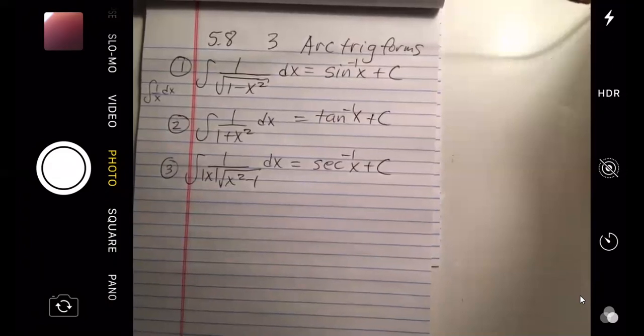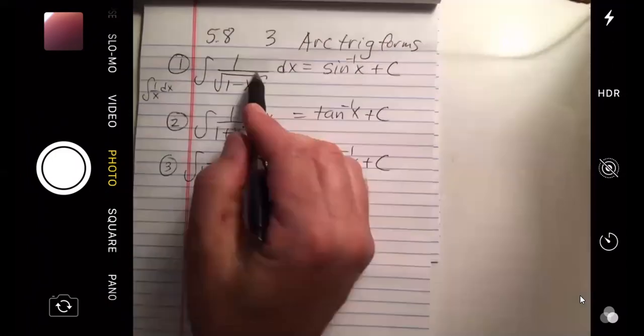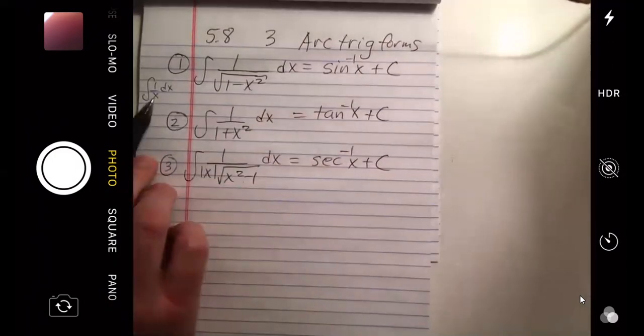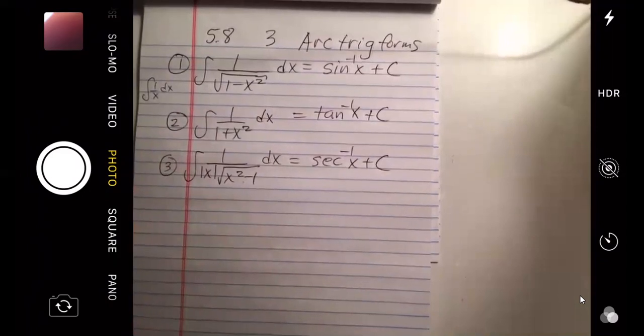Okay. But I'm comfortable with what we do in Calc 1. Okay. Well, you see, none of these look anything like an integral of 1 over x. Yes, I think I got it because they have a square root. Right. And I think I know how to tell the difference between when to use sine, cosine form. Okay.